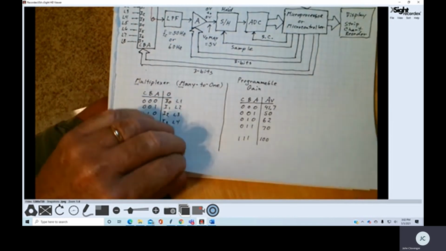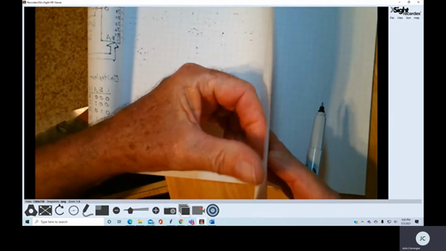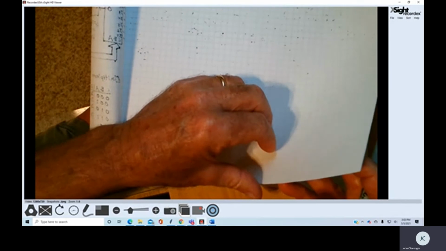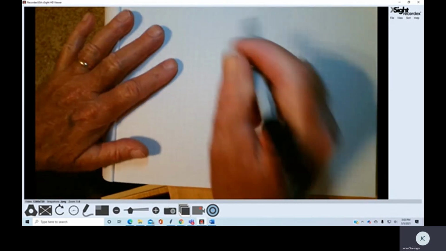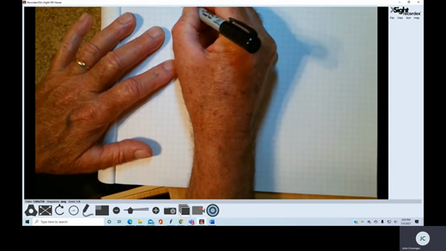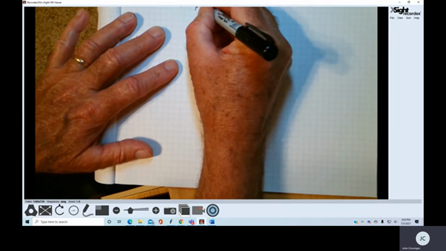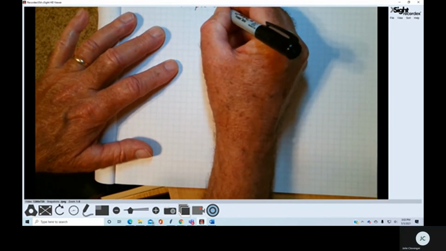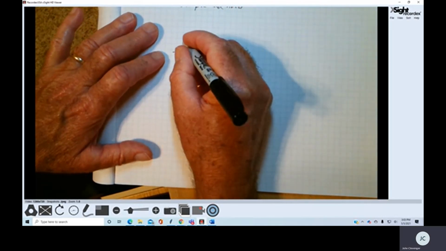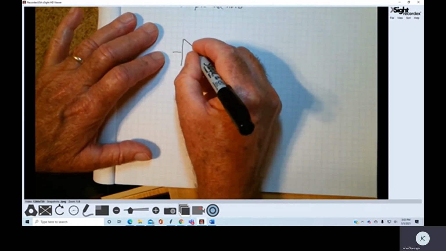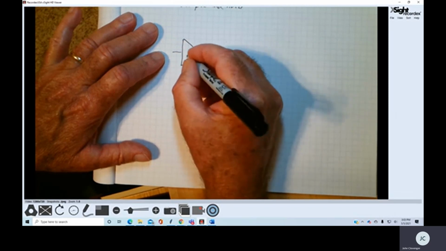Excuse me. Now let me go to a new sheet here to look at the sample and hold circuit. We haven't talked about this yet. But my sample and hold, here we're looking at the output of my programmable gain amplifier.